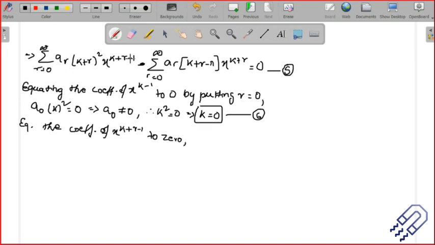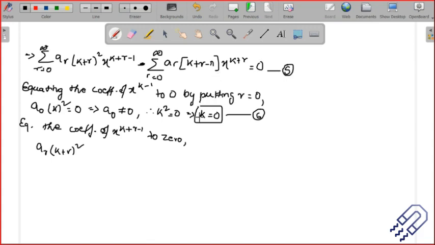For the first term, it is k plus r minus 1, so I don't need to do any adjustments. I can just simply write it down as ar and then k plus r whole square. But what about this? Here if I want to get k plus r minus 1, that means this r goes from 0 to infinity. I'll get one term where I can put r is equal to r minus 1, okay, and then there I can get these terms.